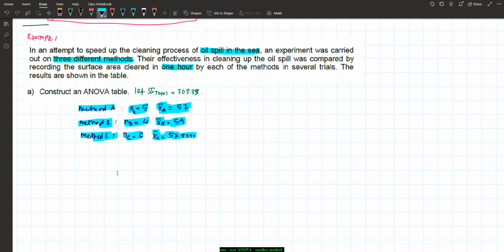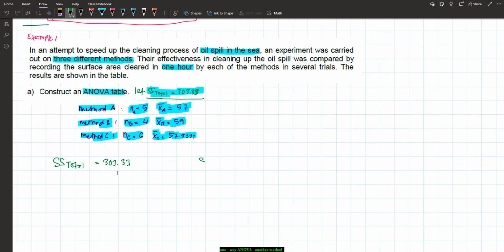So we want to construct the ANOVA table, and given that the sum of square total is equal to 303.33. So to construct it, we already have the first piece of information, which is the sum of square total, equal to 303.33.